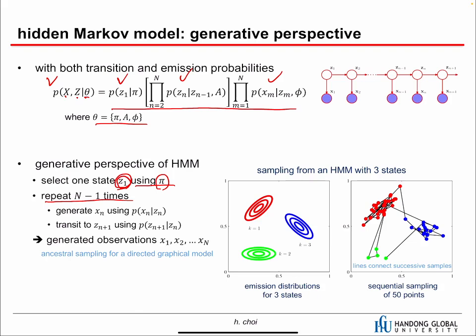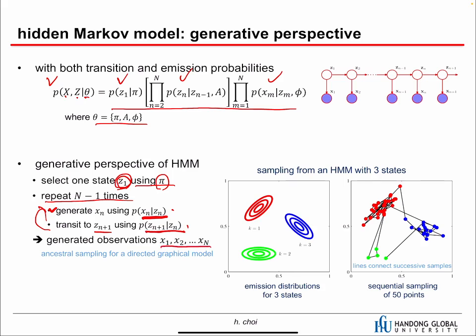Then we move to the next state, z sub 2, and from z sub 2 we generate x sub 2. Then we move to the next state and generate again. We repeat n-1 times. By doing this, we can generate observations from x1 to xn.